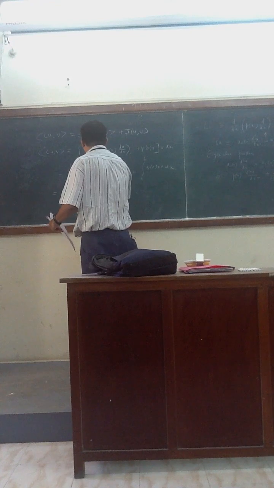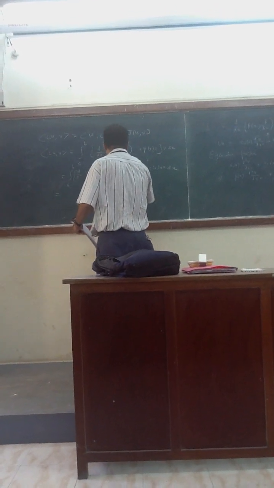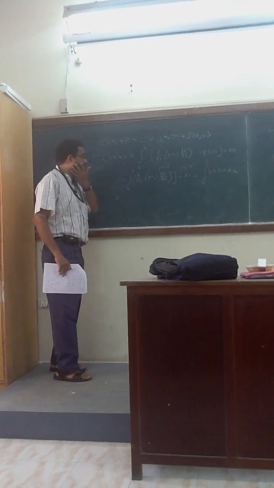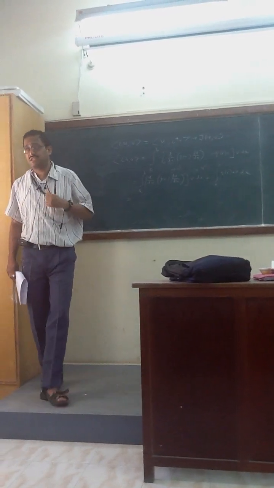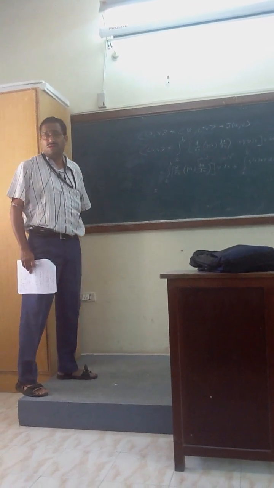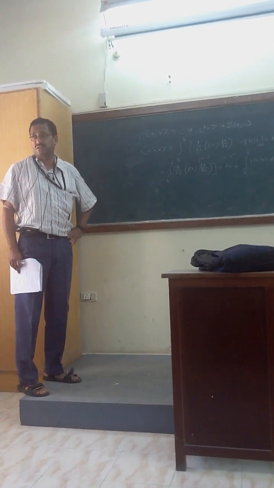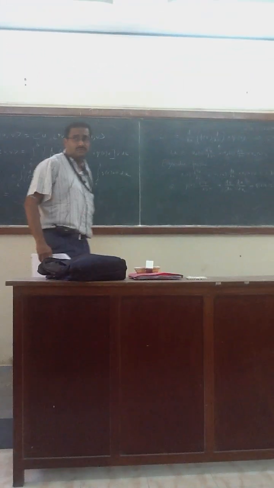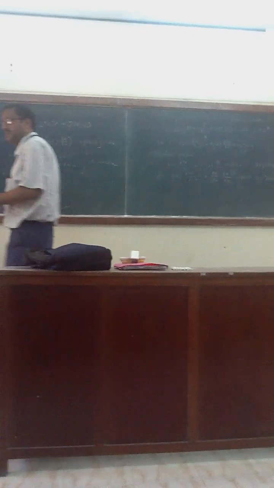This is your capital U and this is your capital V, right? Tell me the answer then. First step, at least you tell me. What's the first step? You should be doing this very fast.